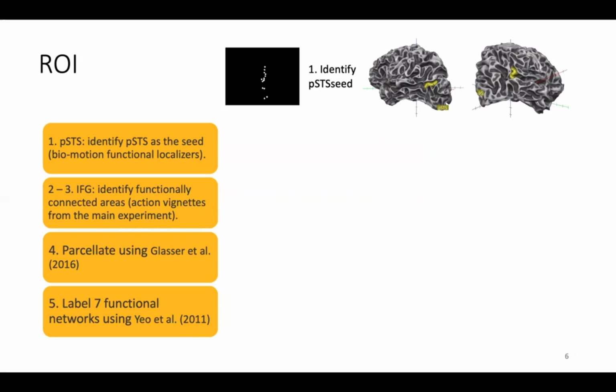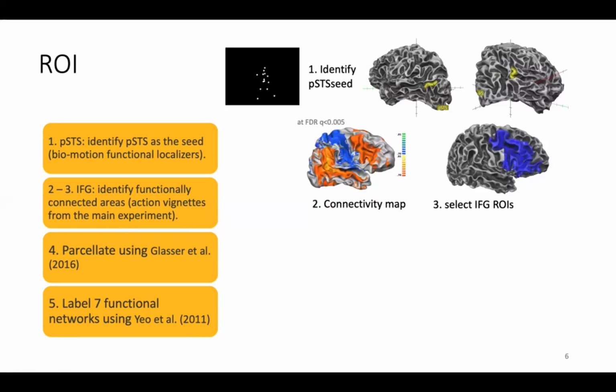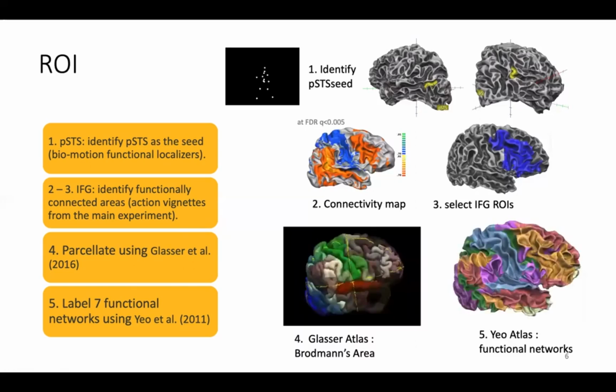The details of the functional connectivity are skipped here, and you can ask me later. Then, I divide the IFG and IPL ROIs into smaller parcels using the Glasser atlas. And lastly, I identify the functional networks each parcel belongs to using the Yale atlas.